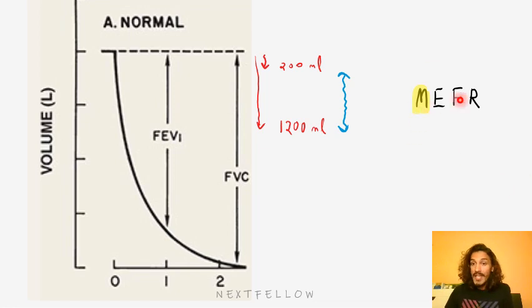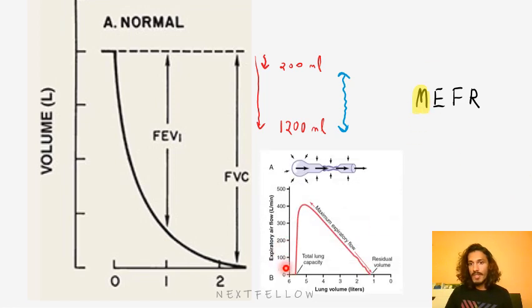Why is it called maximum? Remember the earlier diagram about peak expiratory flow rate: the maximum flow is initially, soon after you start expiring. That initial part where the expiratory flow rate is maximum is the time between 200 and 1200 ml. So that is why it's the maximum expiratory flow rate, also called FEF 200 to 1200 ml.